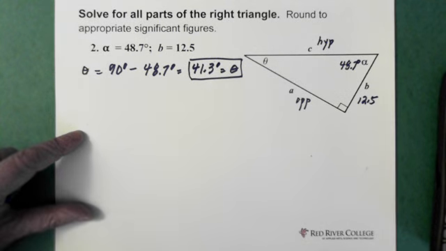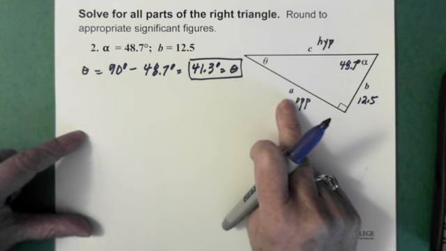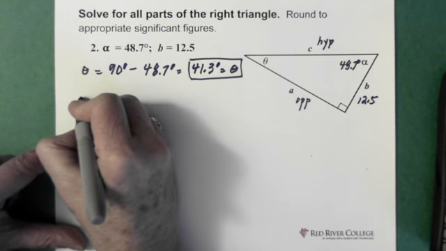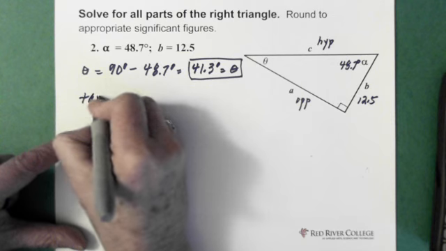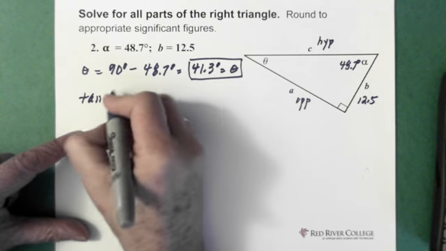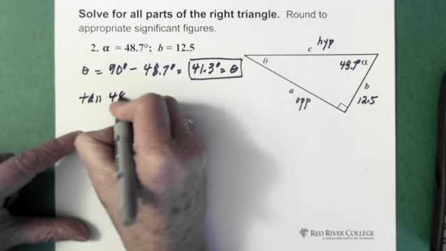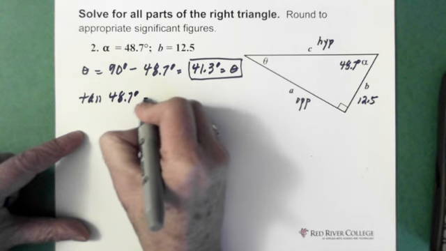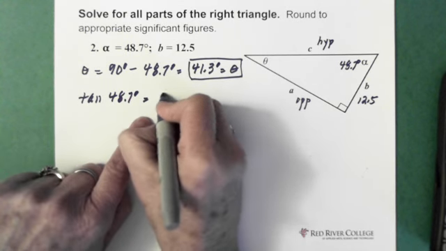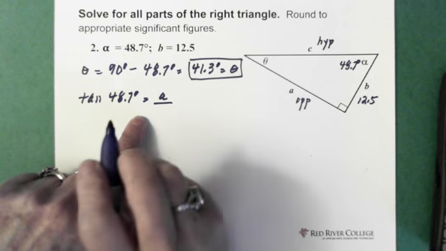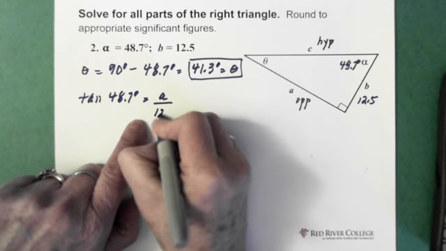All right, now we'll solve for A. So the tan of 48.7 degrees equals the opposite side, which is A, divided by the adjacent side, which is 12.5.